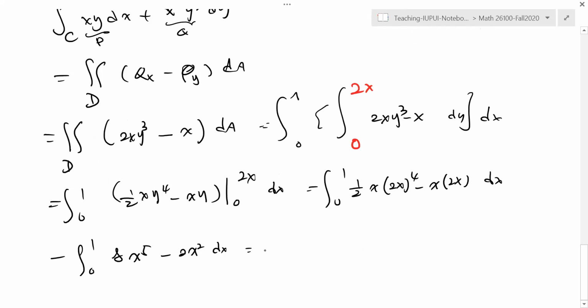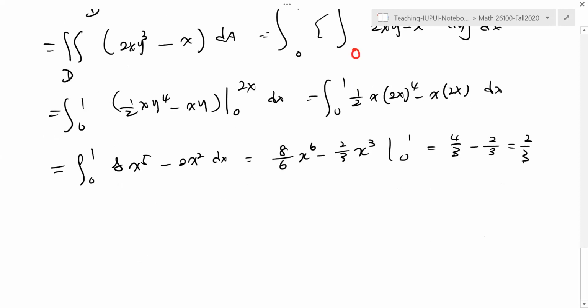Then find the antiderivative, which is 8 over 6 x to the 6, and here 2 over 3 x cubed. The final result will be 4 over 3 minus 2 over 3, which is 2 over 3.